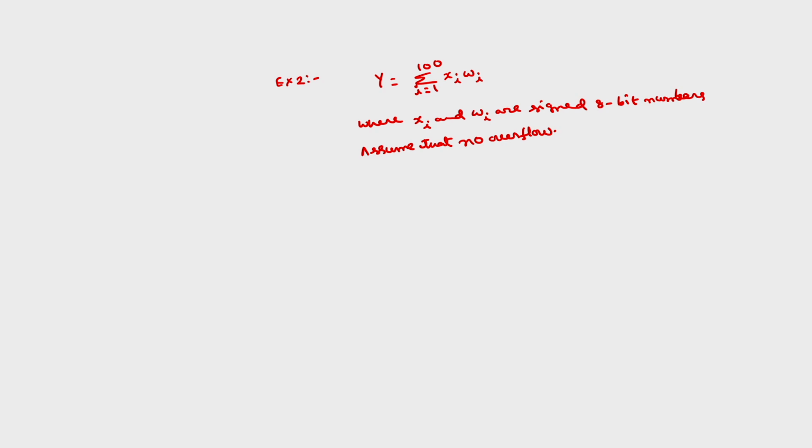So, to compute y is equal to sigma xi wi, we have 100 numbers of x, 100 numbers of w, you have to multiply and then add. This is nothing but MAC operation, multiply and accumulate. This type of operation will be used in many of the digital signal processing applications. You will multiply and accumulate.